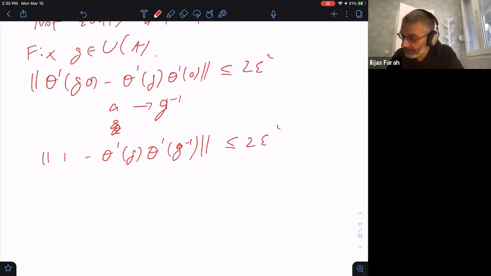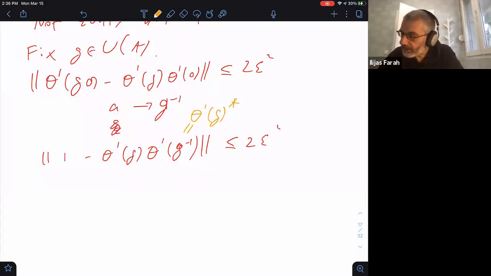Anyway, so a while ago, we proved that theta prime of g inverse is equal to theta prime of g star. Now, what does that mean?